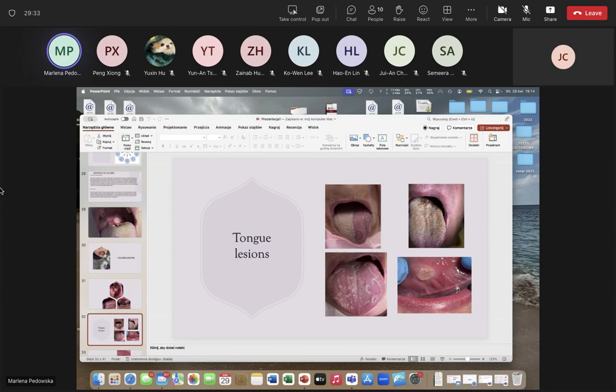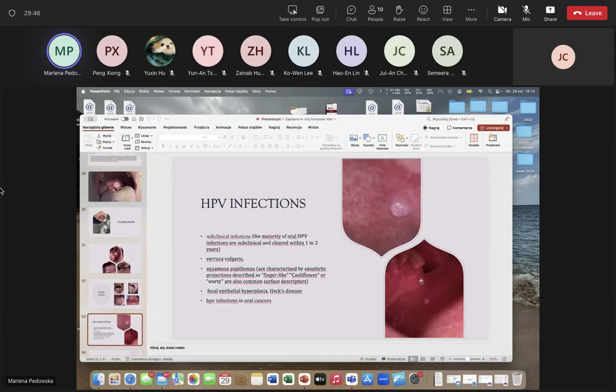And here on the side of the tongue, we have a lesion, a traumatic eosinophilic ulcer related to some irritation. HPV infections are also quite common infections, which can be white or pink, depending on where they are located in the oral cavity. They're related to the infection of the HPV.